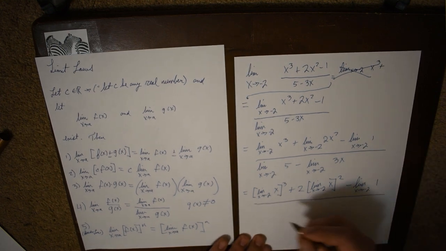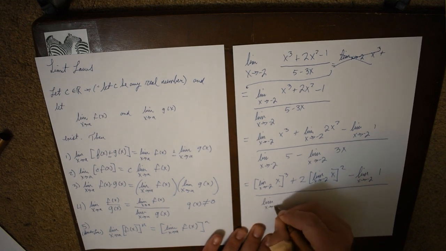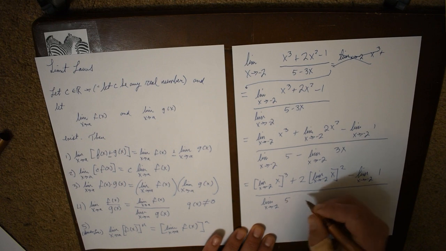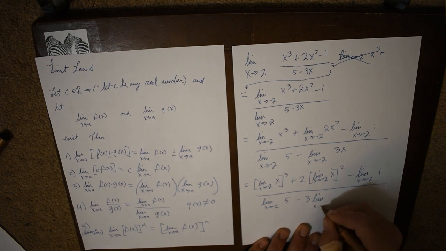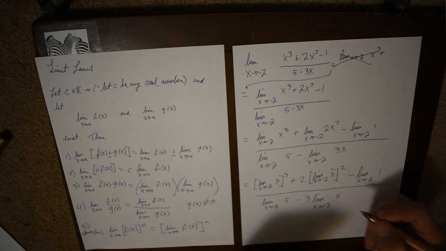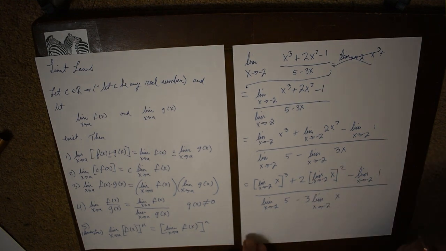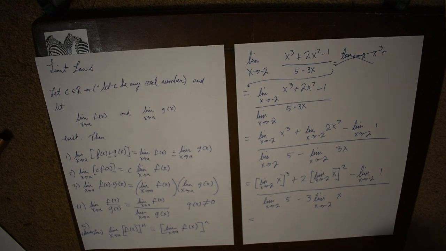All of that divided by the limit as x approaches negative 2 of 5 minus 3 times the limit as x approaches negative 2 of just an x. There we go. 2 steps away from the final problem.